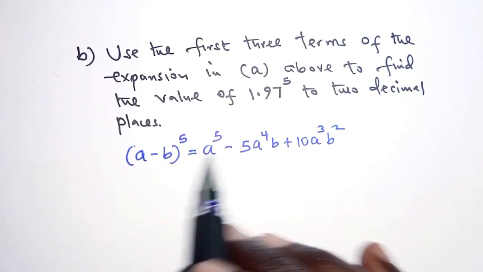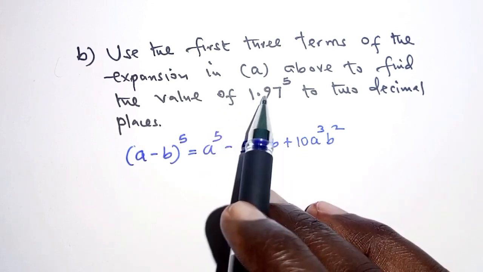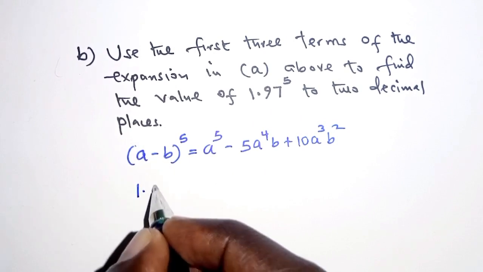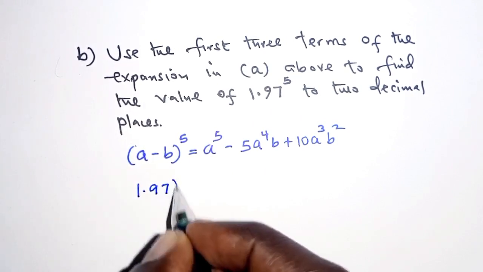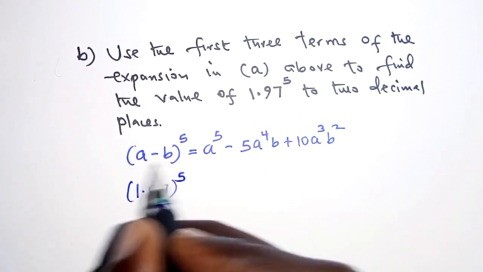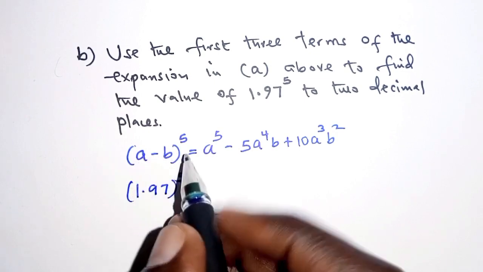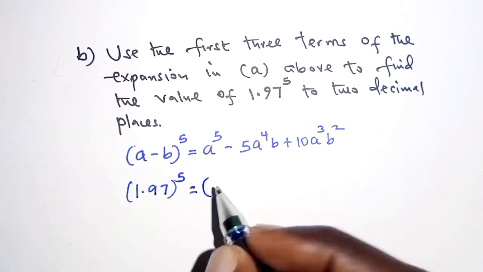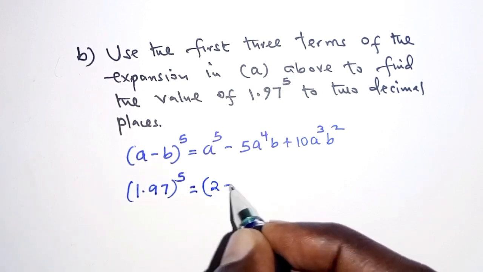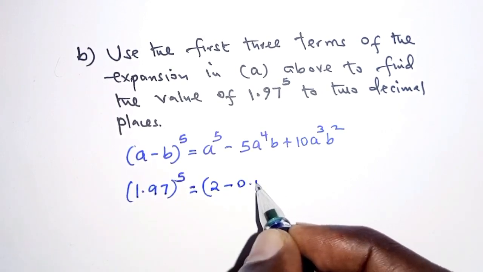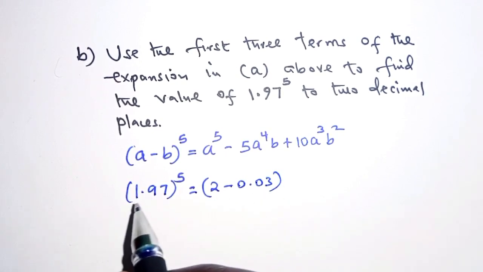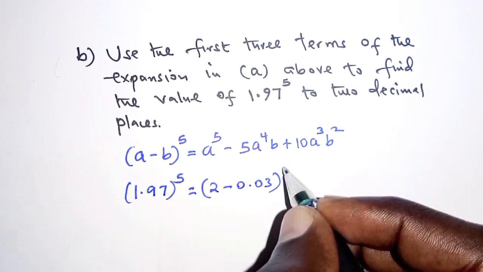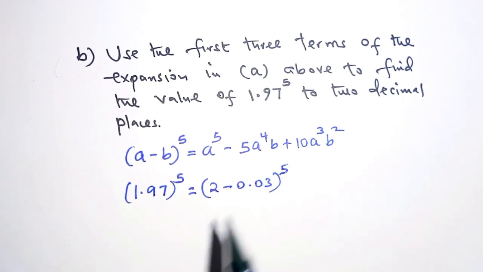But remember we are required to use this to determine the value of 1.97^5. So we'll have to express 1.97 in the form a − b. We can achieve this by getting a difference, and the difference here will be 2 − 0.03, which is equivalent to 1.97, and then we raise to power 5.